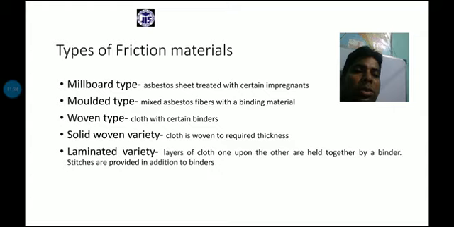And the last point is that the multiple plate clutch works in the same way as the single plate clutch. I already explained that the mechanism or function is almost the same, no difference, only the number of plates is different.